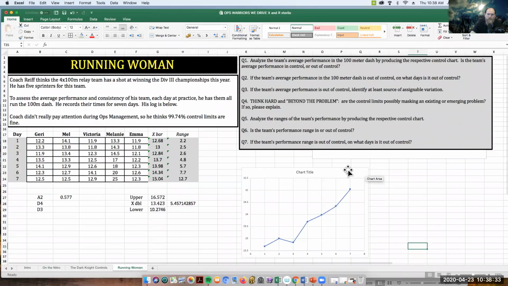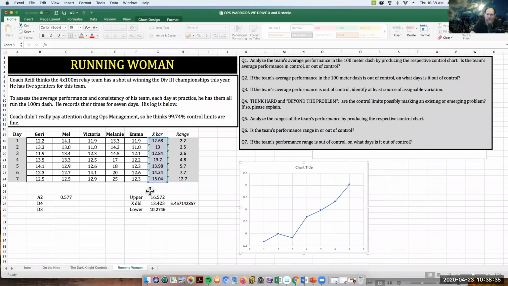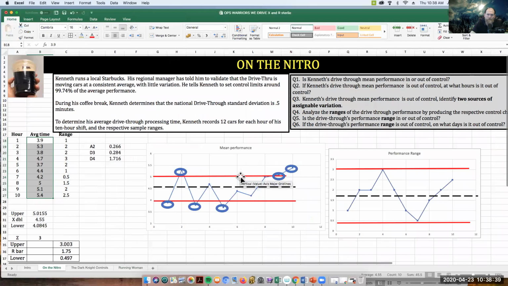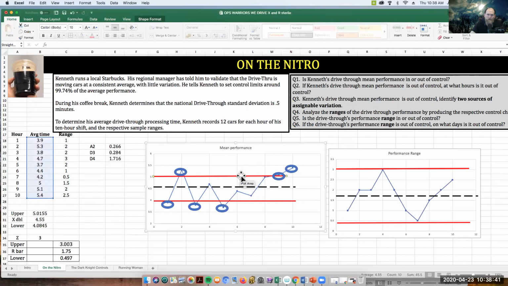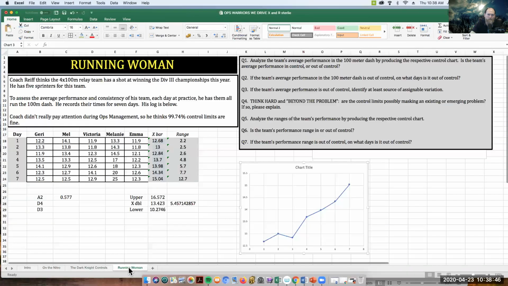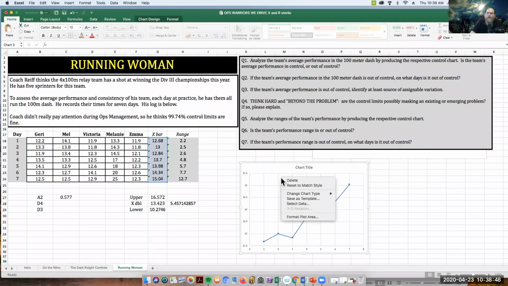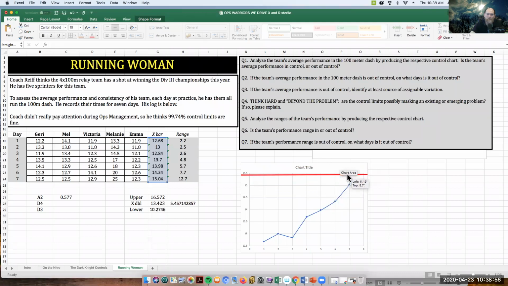Okay. I'm going to put my control limits in. I'm just going to copy some from here. $16.5.